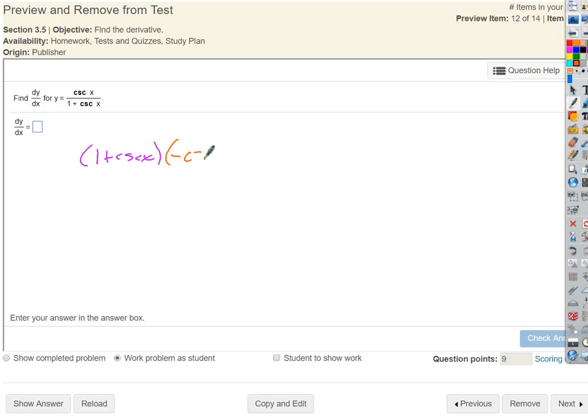So negative cosecant x, cotangent x. Okay, keep going. So bottom times derivative of the top. Low D high minus, good, high D low. Derivative of the bottom is the same thing, isn't it? Yeah, because the derivative of 1 is 0.